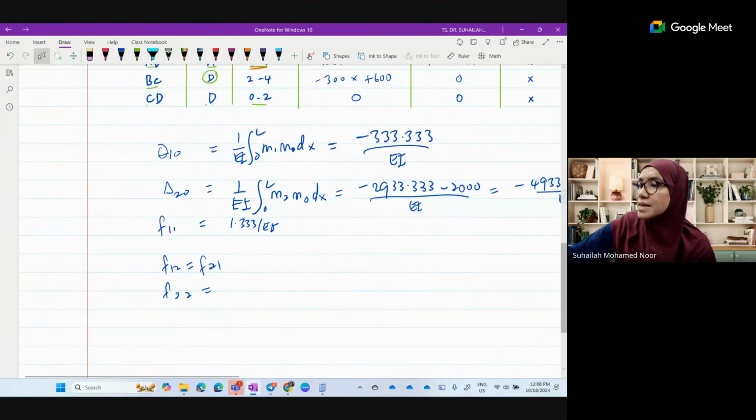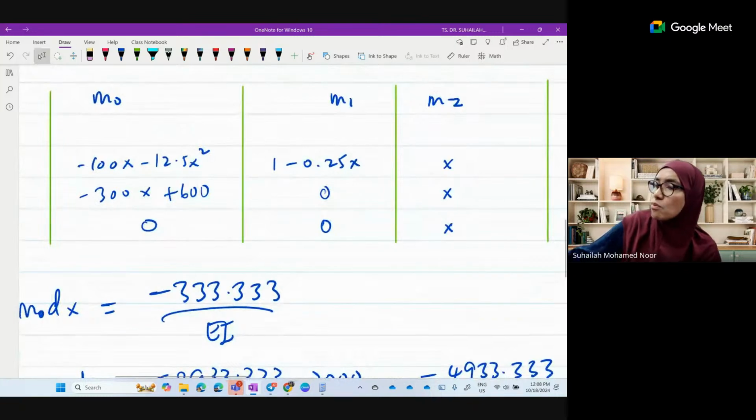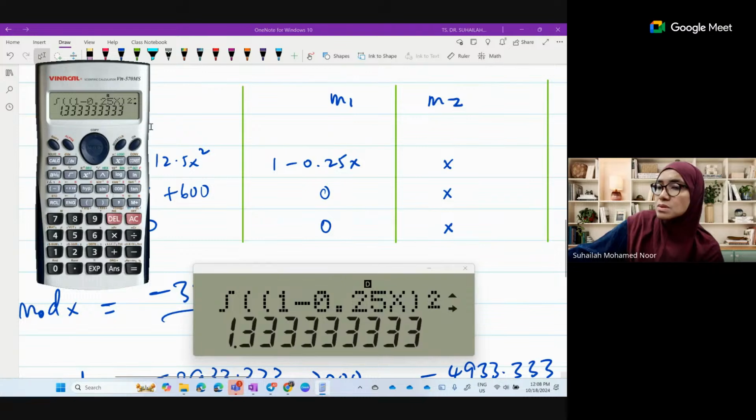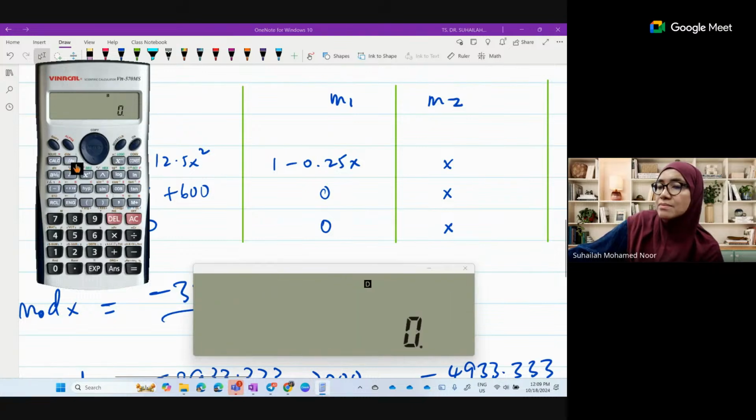Okay, then yang kedua M1, M2. Ni kan? So M1, M2 pun sekali je kan? Sekali je. It is X alpha X dengan 1 minus 0.25 alpha X. Bukan, tutup kurungan dulu. 0 dengan 4.